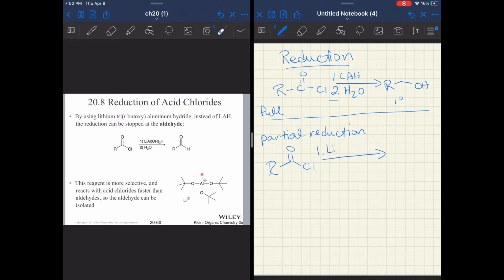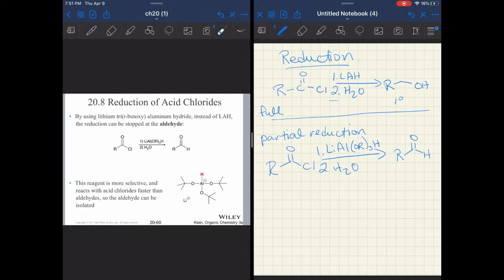It's lithium and aluminum, but instead of 4 hydrides, there are 3 esters and 1 hydride. It's sort of like with a poisoned catalyst, we're modifying our reagent so that it's not as powerful, right? And we're still going to work it up with water. And this is what is going to allow us to stop at an aldehyde.